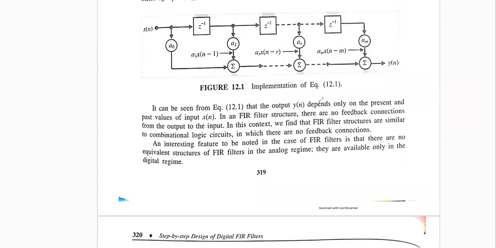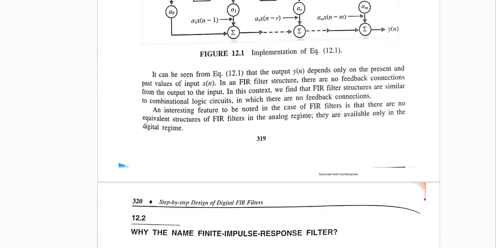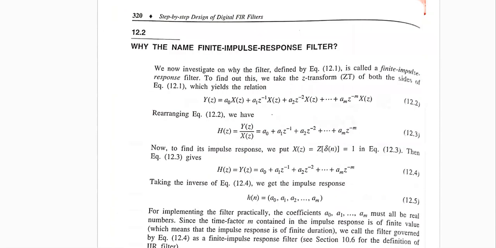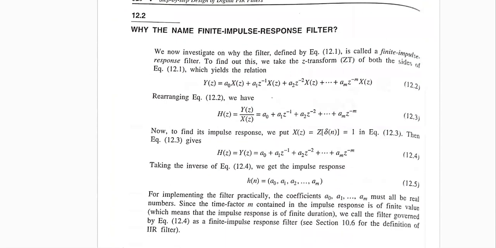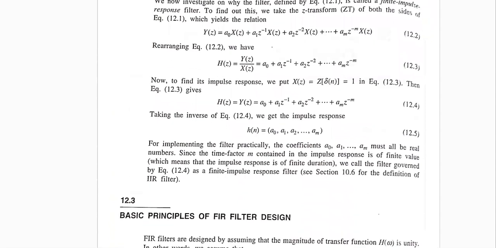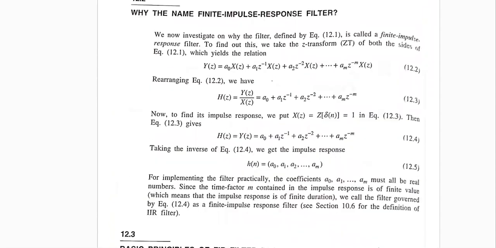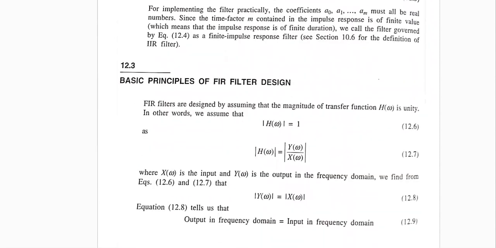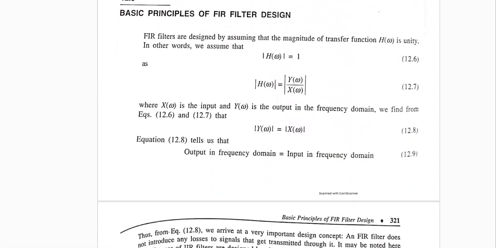So in the introduction part, they talk about the FIR system. I believe that we already talked about the FIR system on different occasions. The steps for implementing the FIR system, we can go into detail by the example.